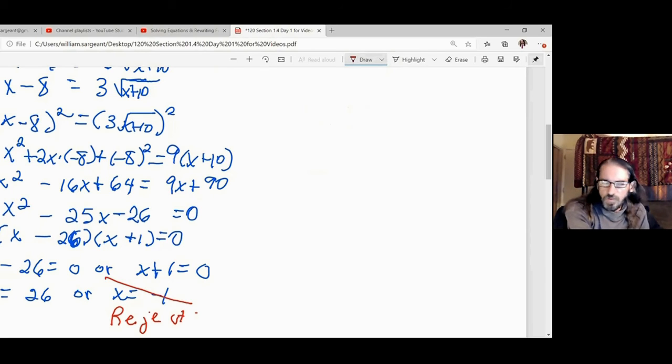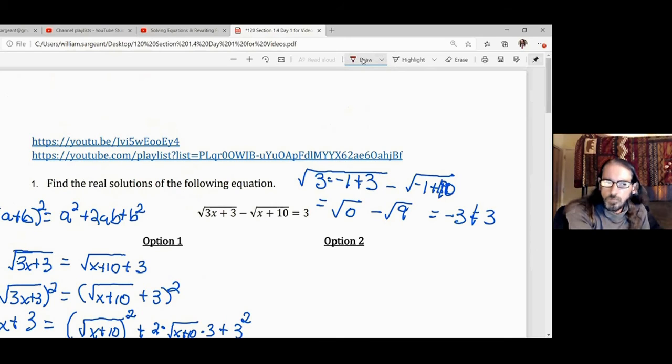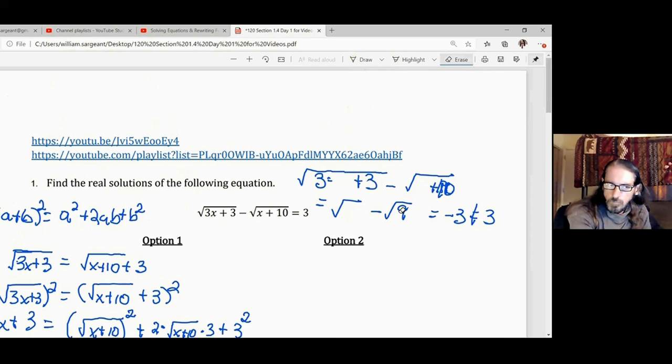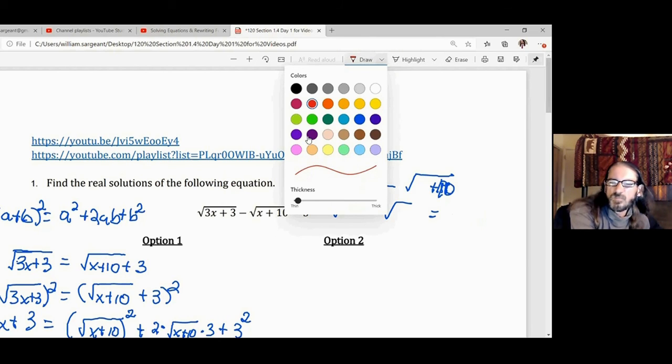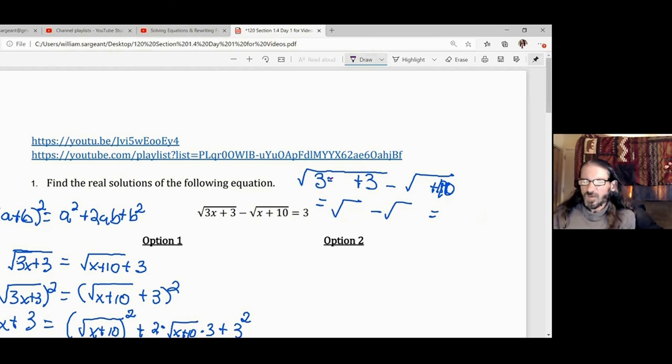Whereas if we put in the positive 26, 3 times 26 is 78. 78 plus 3 is 81. 26 plus 10 is 36.